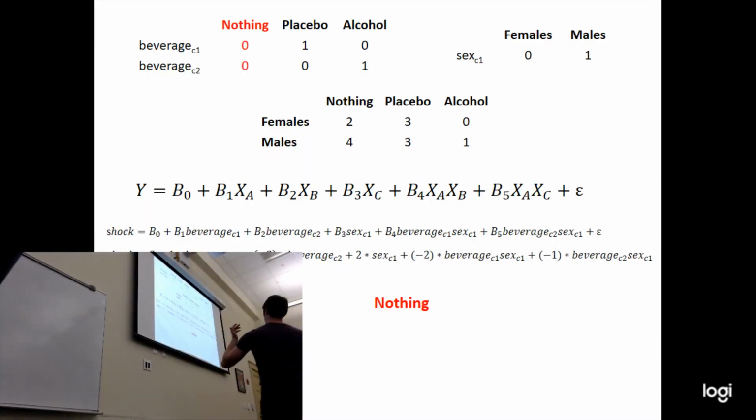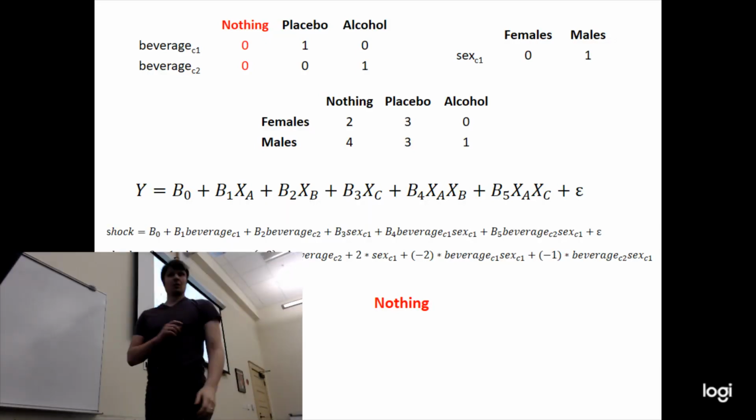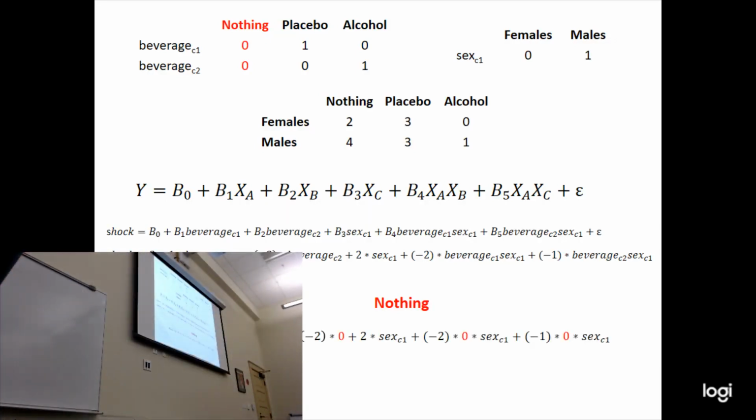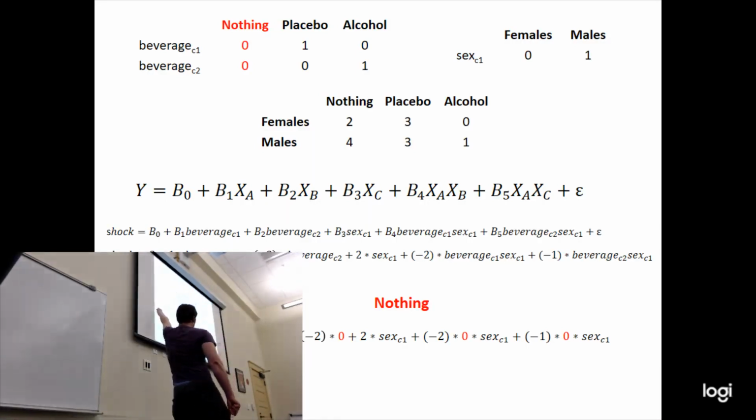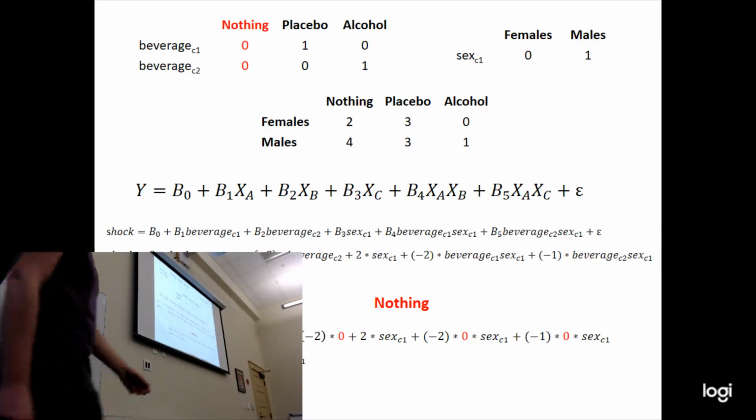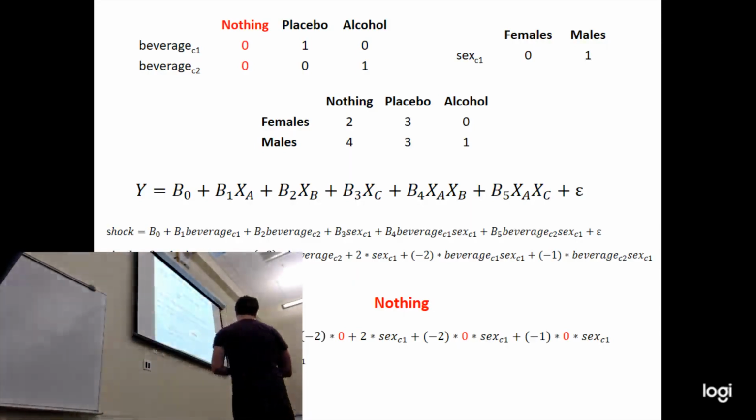Well, if I want to get predictions in the nothing group, what I need to do is just plug in those numbers that correspond to the nothing group, 0 and 0 for C1 and C2. So I can literally just take this equation and plug in zeros for C1 and C2, do a little bit of algebra. Is that for the main effect or the simple effect? This would be the simple effect for sex in the nothing group.